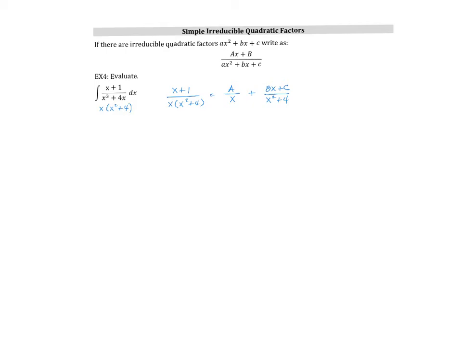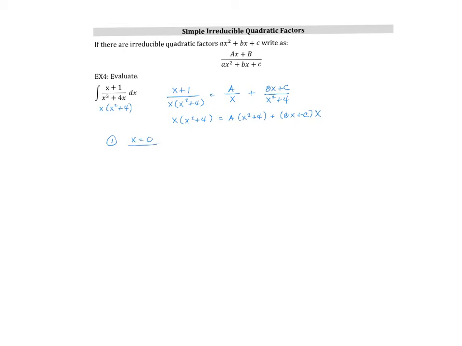And that's because, and you'll see this after I get rid of the fractions and multiply by the LCD, a is going to be multiplied by x squared plus 4. And I have no x value that will make that 0. And then bx plus c times x.